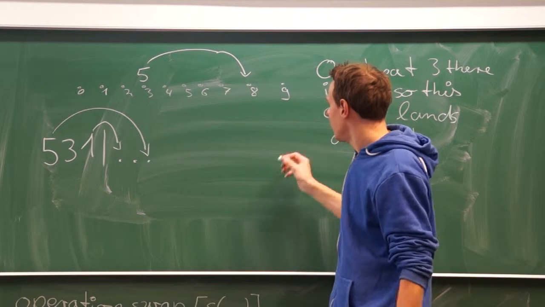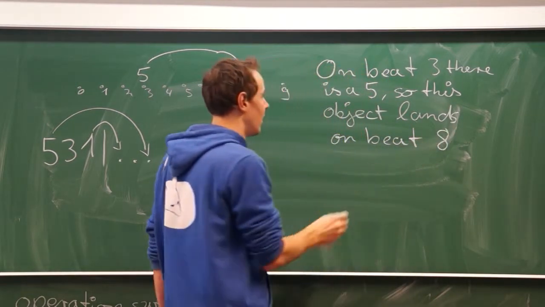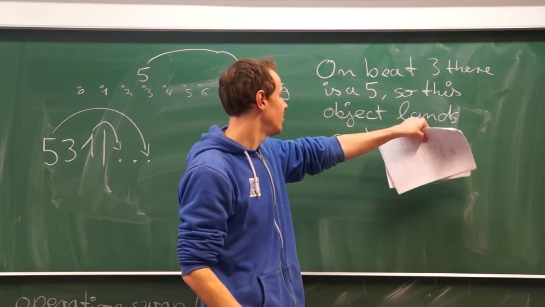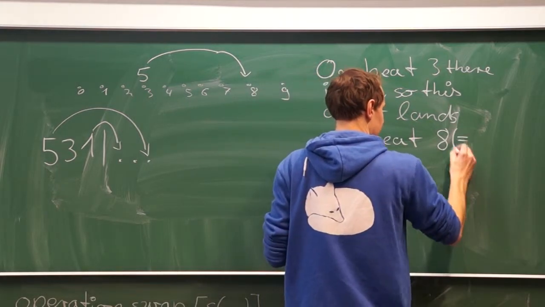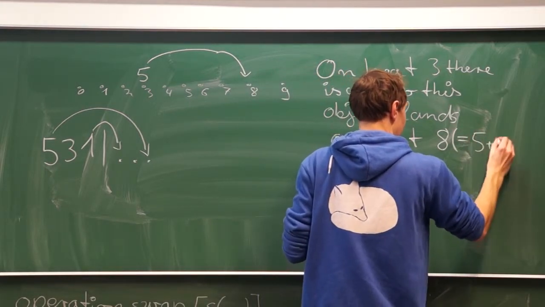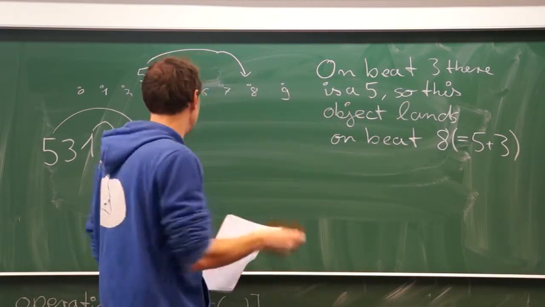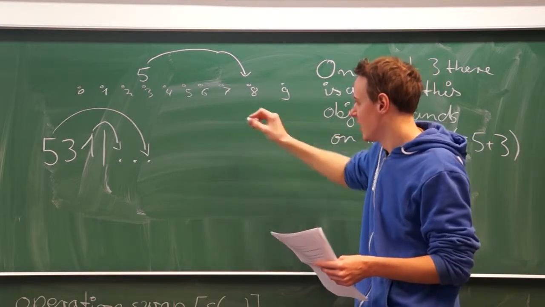Alright? And this makes sense because on beat 3 we throw a 5, so this object lands on beat 8, which is 5 plus 3. Okay? So you just add the numbers and you get the beat where the object lands.